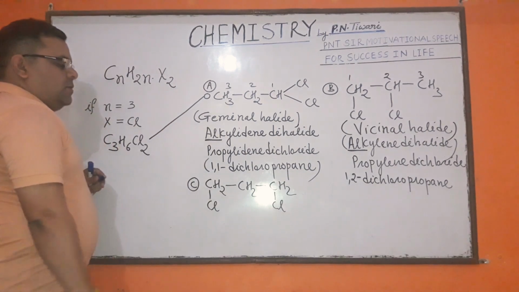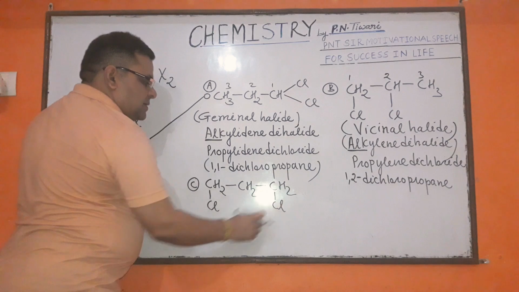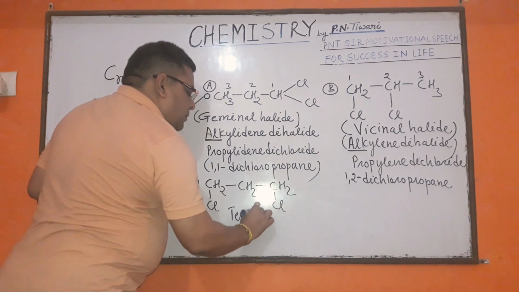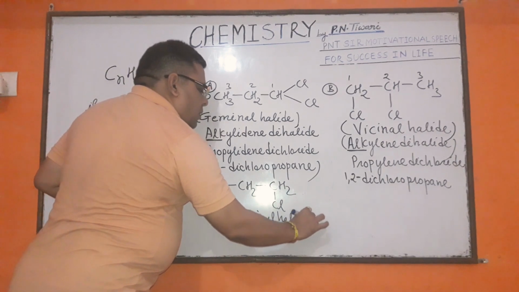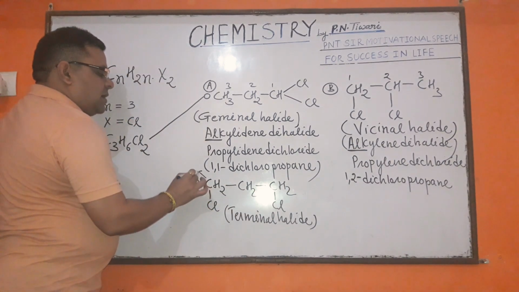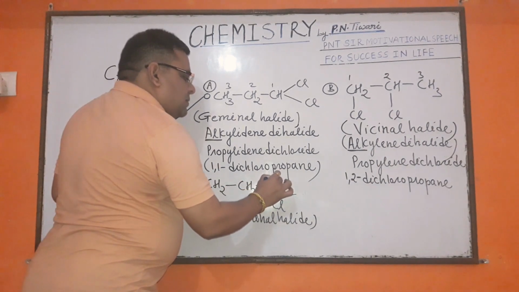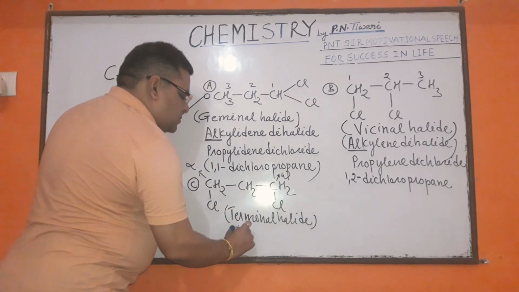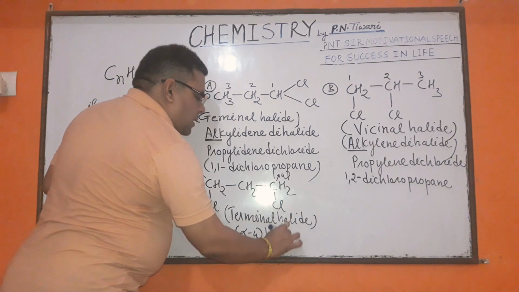In this organic compound, since both the chlorine elements are connected with the two terminal carbon elements, therefore it is called terminal halide, or it is also called alpha omega halide. This first carbon of the carbon chain is called alpha, and this last carbon of the carbon chain is called omega. Therefore such type of dihalogen derivative is also called alpha omega halide or terminal halide.